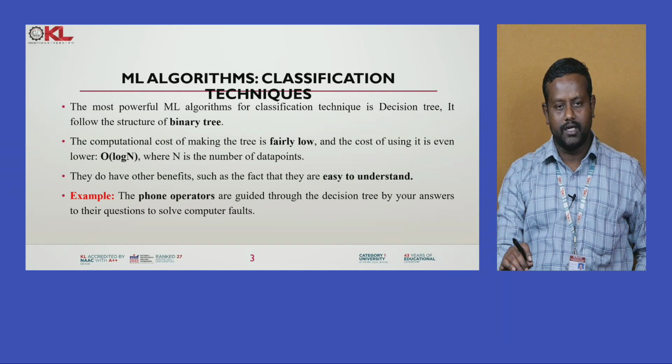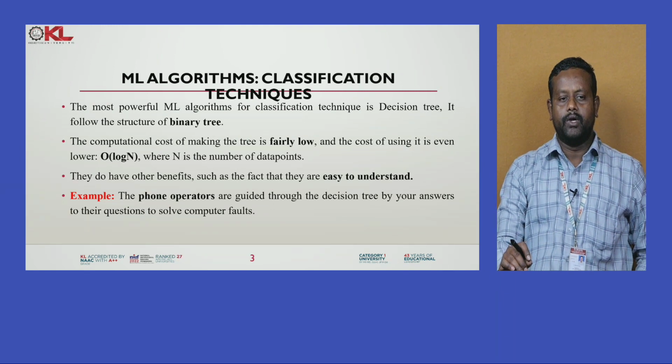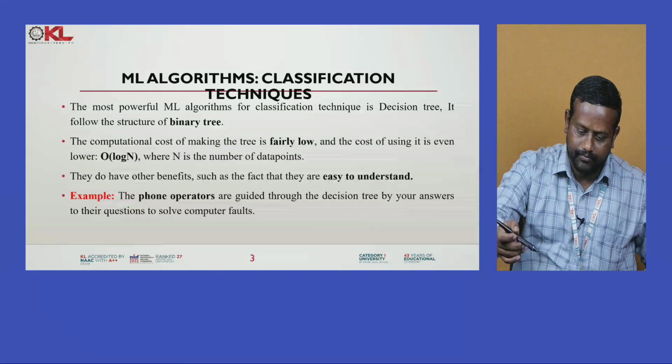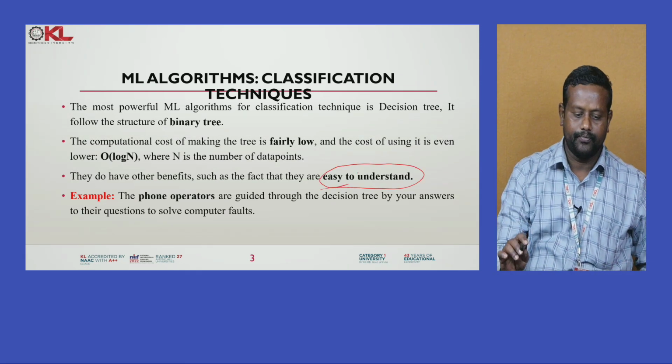The computational cost of making the tree is fairly low and the cost of using it is even lower, that is order of log n only, where n is the number of data points. They do have other benefits. It is highly easy to understand.